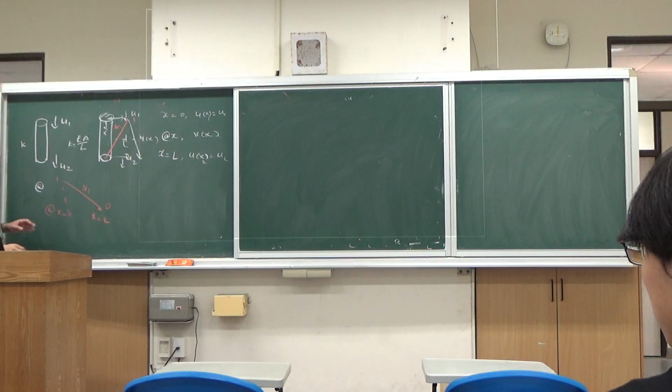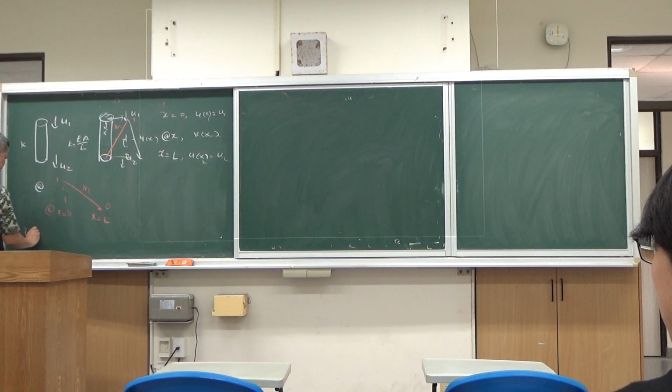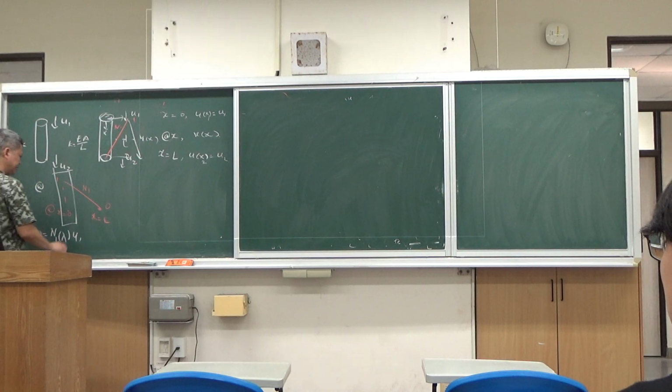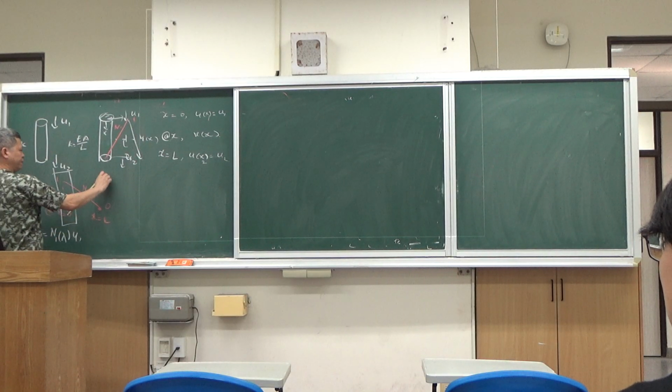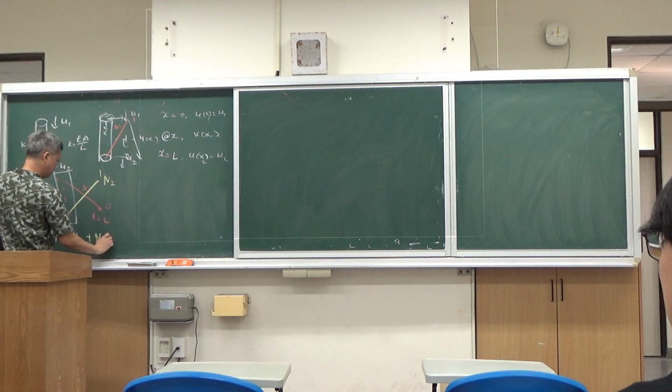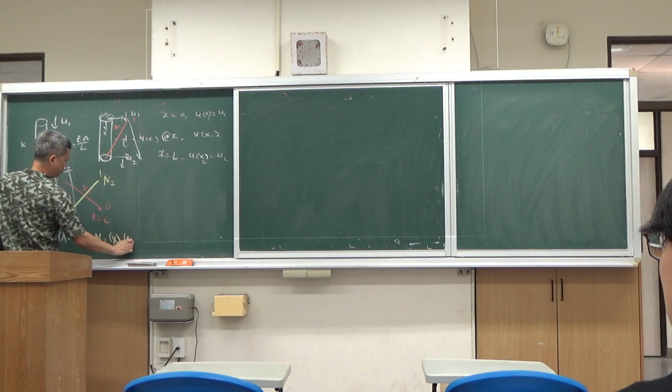Okay? So why do you do so? Because if you do so, your ux, which is n1 of x times u1, will fulfill the boundary on the left hand side. And then next, you now have shape function n2, which is 1 at x equal to L. This is n2 of x times u2.